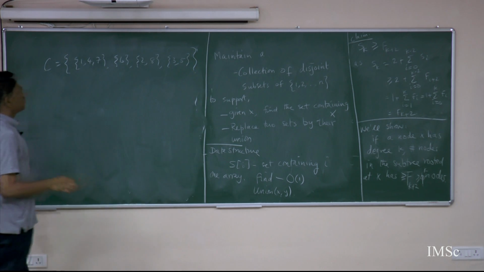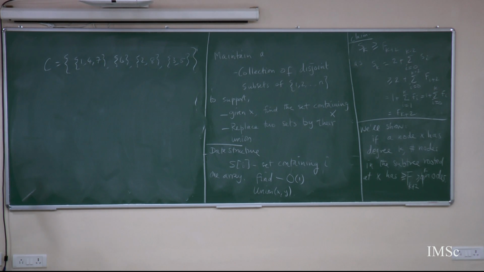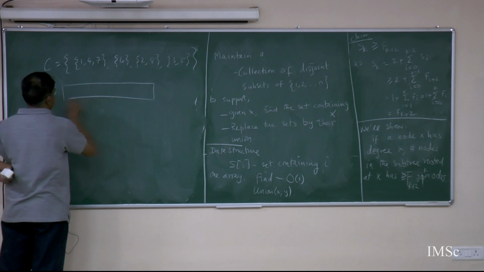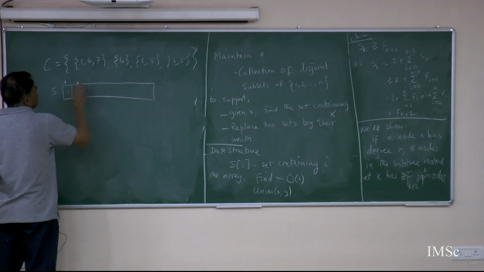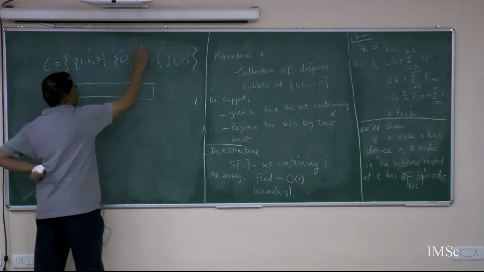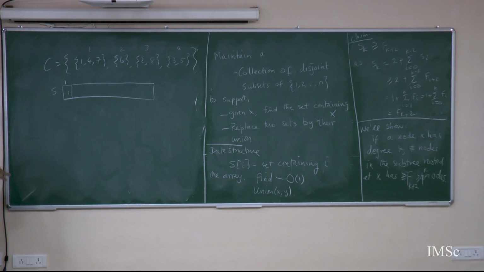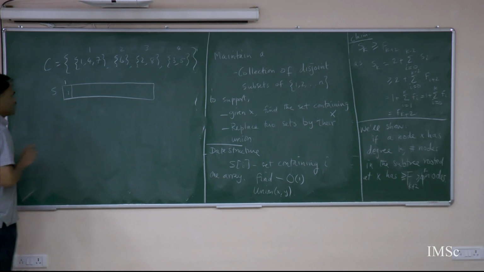This is my disjoint collection of sets from 1 to 8. So my S array would be like this. I'm going to call this set number 1, set number 2, set number 3, set number 4. Some label, it doesn't matter what it is, as long as I am consistent.